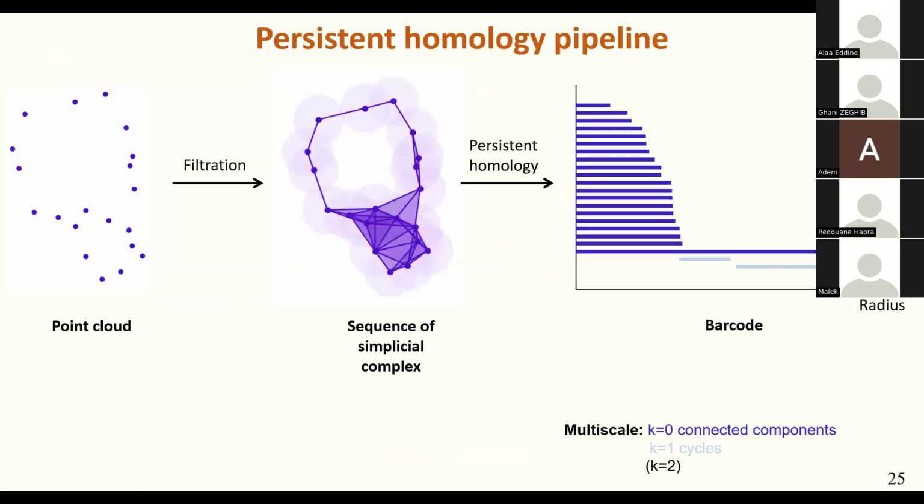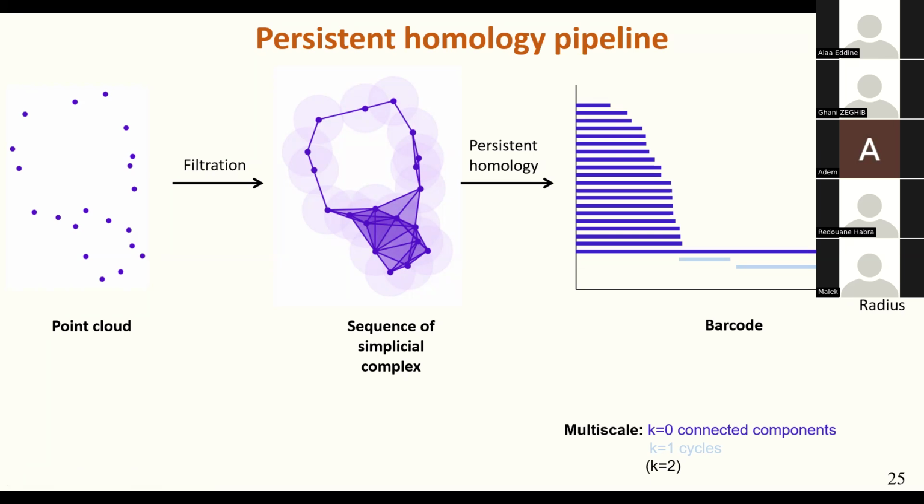So the general pipeline of persistent homology is this. I am interested in studying a point cloud. To do this, I don't have access to topological features, so I want to apply a filtration process to generate a combinatorial object that represents this point cloud and that gives me access to higher dimensional topological characteristics other than connected components.